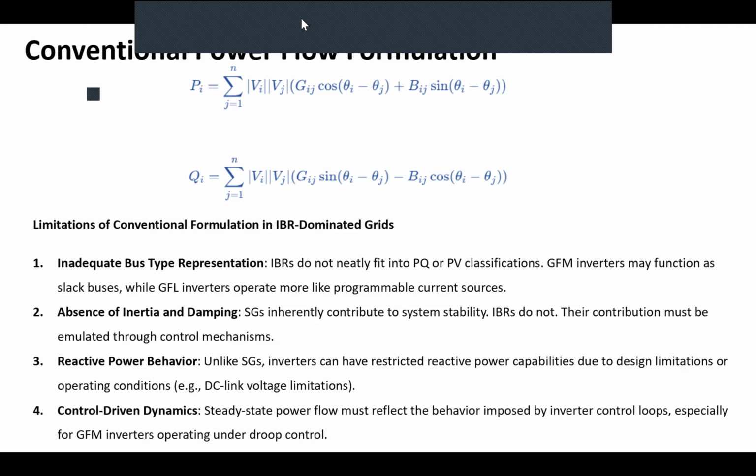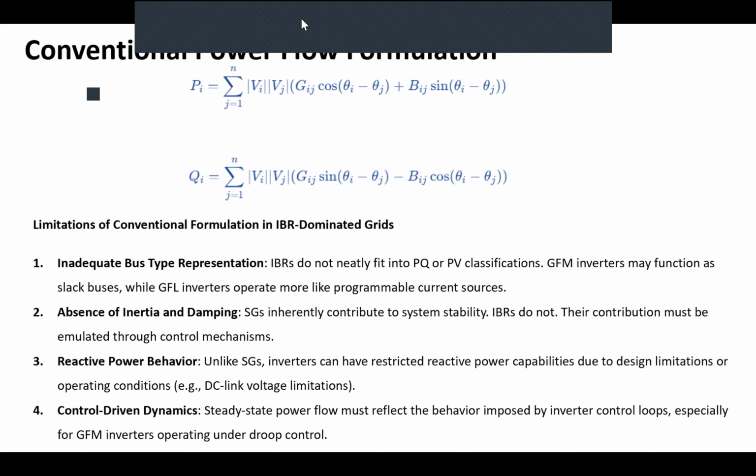Now, when we have a power flow analysis, we are dealing with a nonlinear equation, which basically means we cannot do that by Newton-Raphson. Newton-Raphson was also a linear method. So that means we are going to have a hell of a trouble finding the accurate answer because of that nonlinear behavior of those inverters.